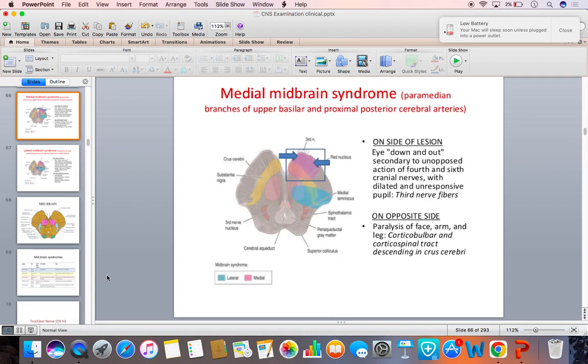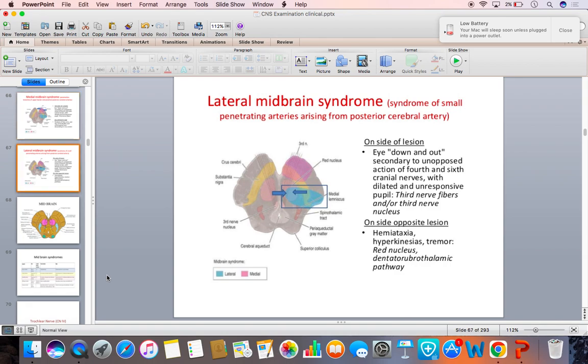On the side of the lesion you will find the eye deviated down and out due to unopposed action of the trochlear and abducens nerves. Then on the opposite side of the body there is paralysis of the face, arm and leg. That is because of the involvement of the corticobulbar and corticospinal tracts in the crus cerebri.